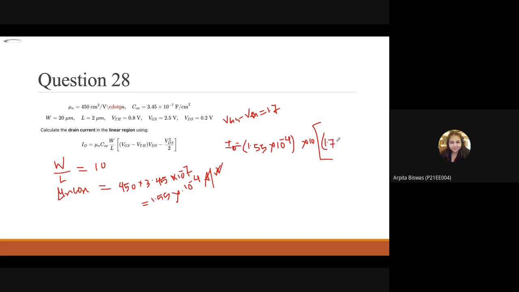What is the value of VDS? 0.2, right? Yes, 0.2.